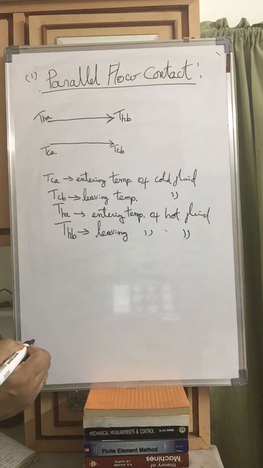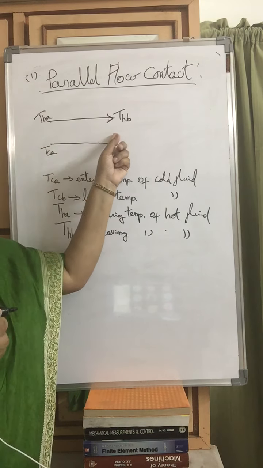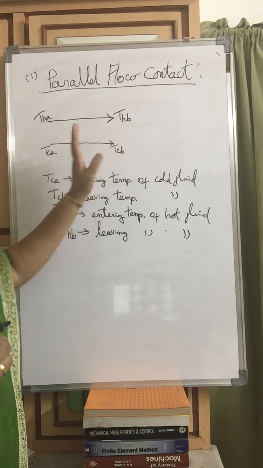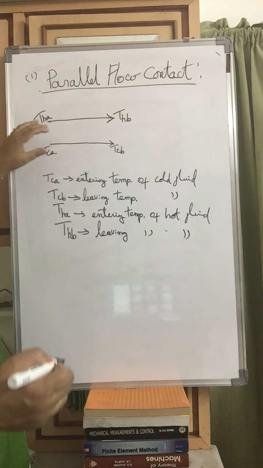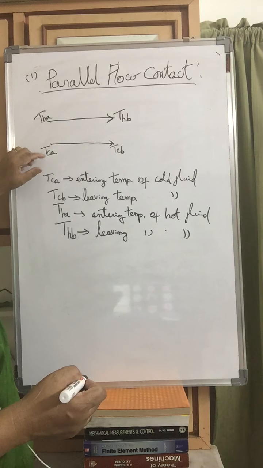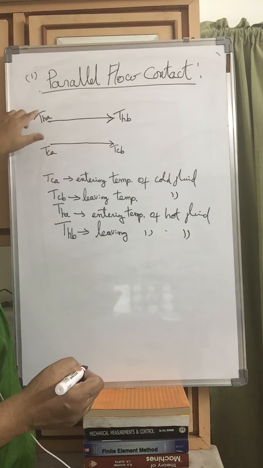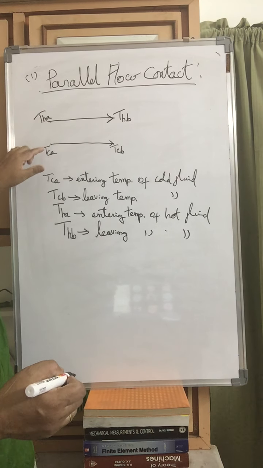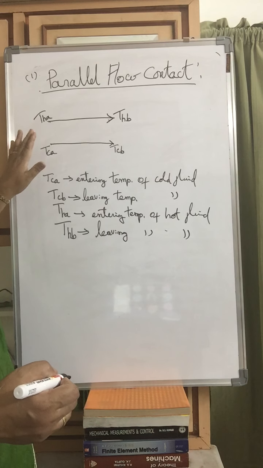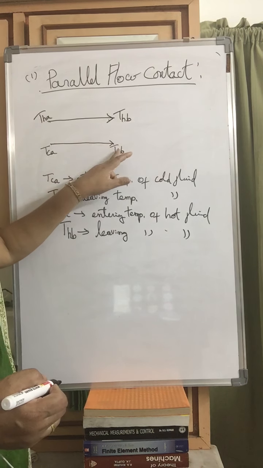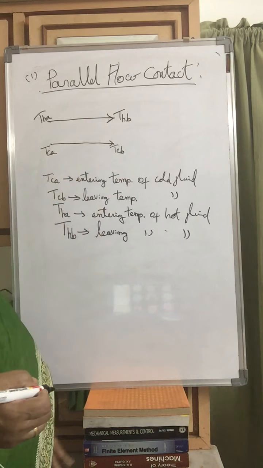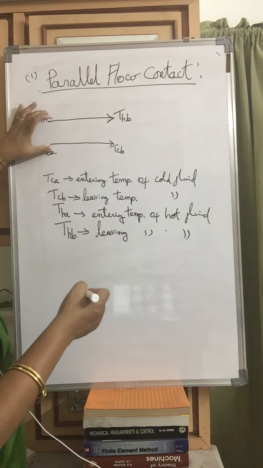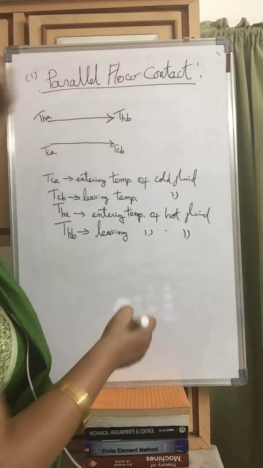After seeing this schematic diagram with the help of arrow marks, what do you understand? Both hot fluid and cold fluid are entering at the same end and leaving at the same end. Is it clear? So this is called parallel flow contact.